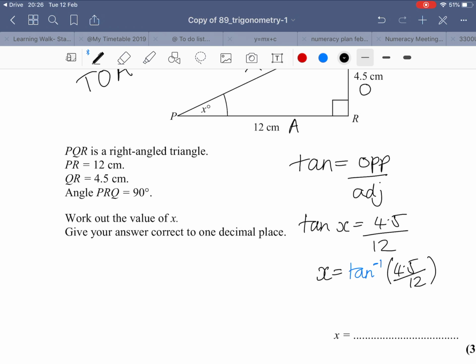Shift tan on the calculator, 4.5 divided by 12 comes out as being 20.55604... I'm only allowed 1 decimal place, so here's my cutoff. 20 point, that's going to make me go up, 20.6 degrees.